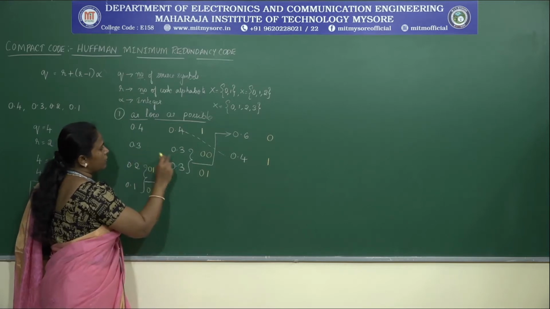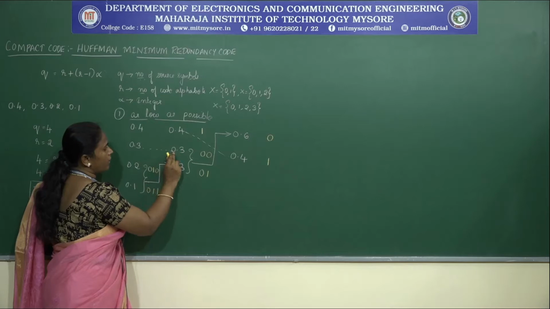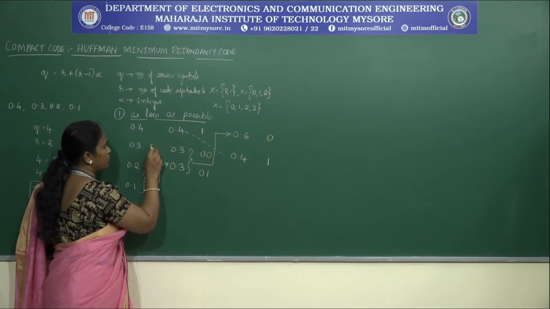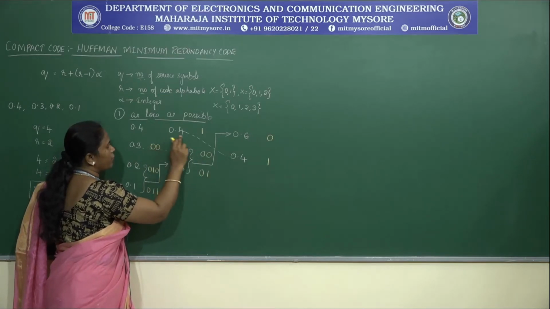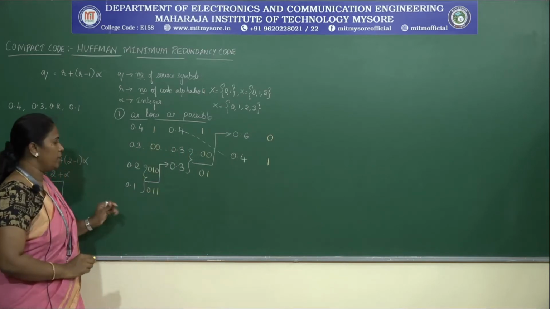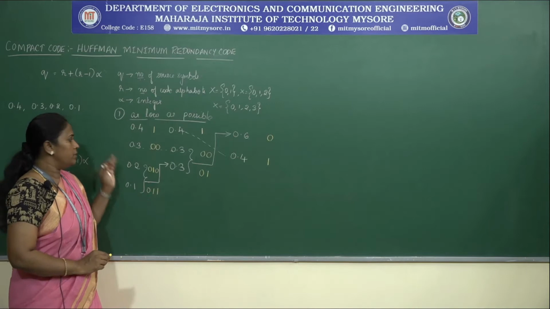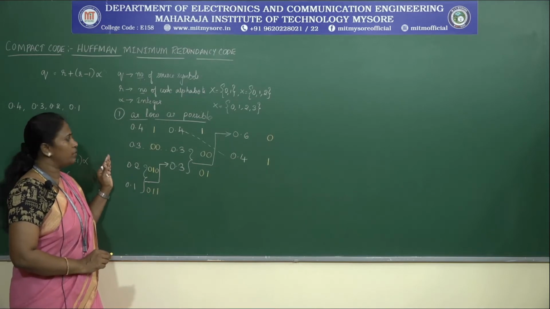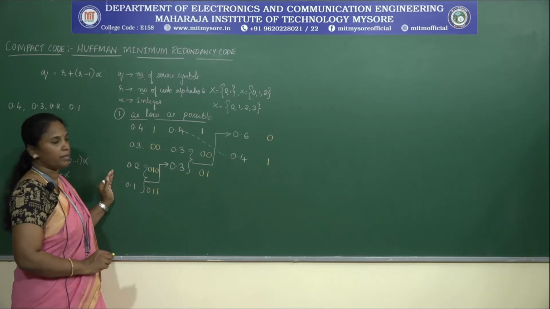What is the value of this? The value of 0.3 is 0, 0. What is the value of 0.4? It is 1. So this is how we are going to assign the codes to the symbols.